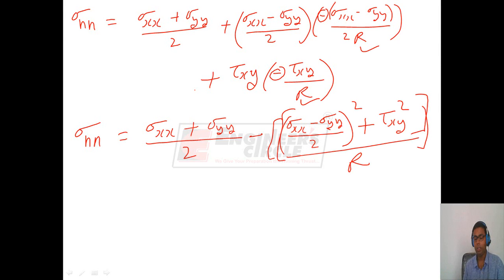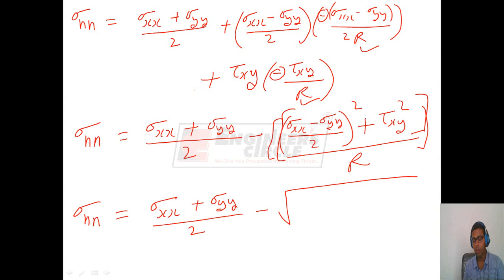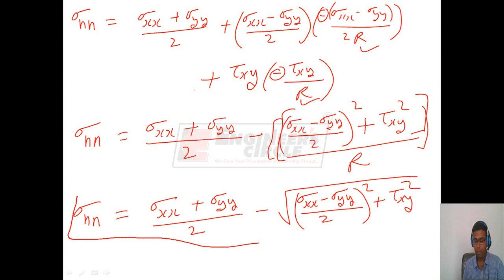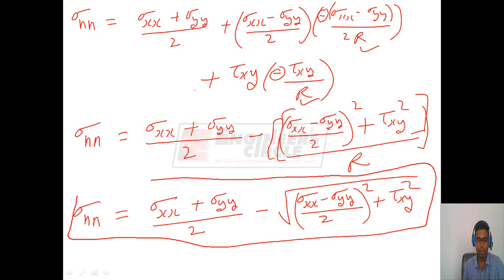So in the numerator we have r square, in the denominator we have r, so r square by r we get r. So by putting the value of r we get the normal stress as (sigma xx plus sigma yy) upon 2 minus r, which is under root of (sigma xx minus sigma yy) by 2 whole square plus tau xy square. So this is the another value of normal stress, which will be either maximum or minimum, that we are getting at point A.